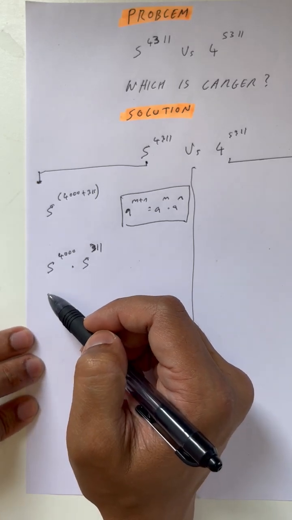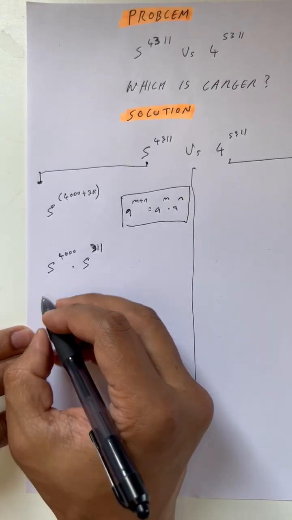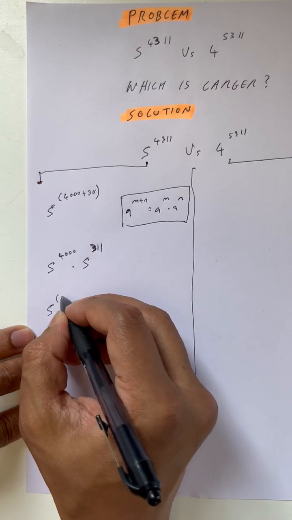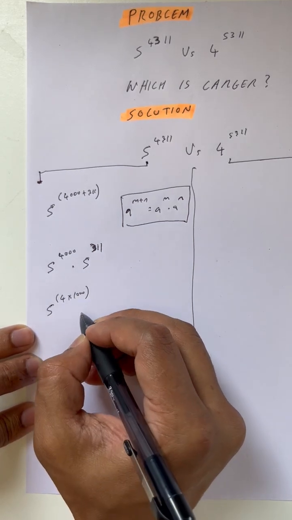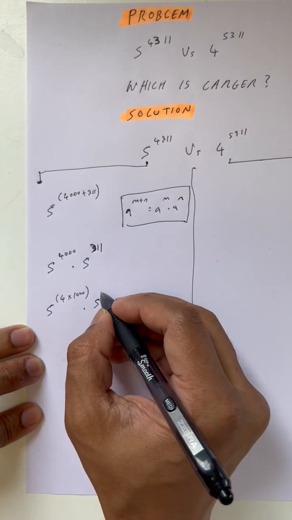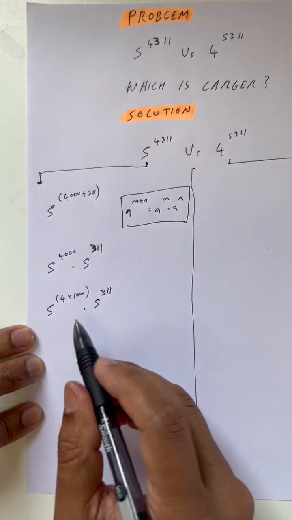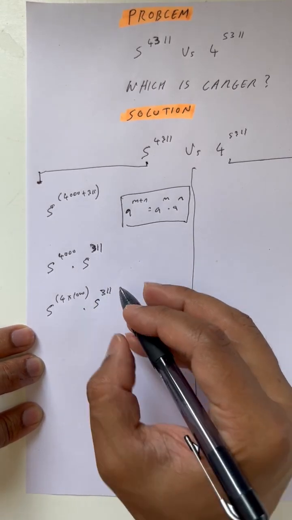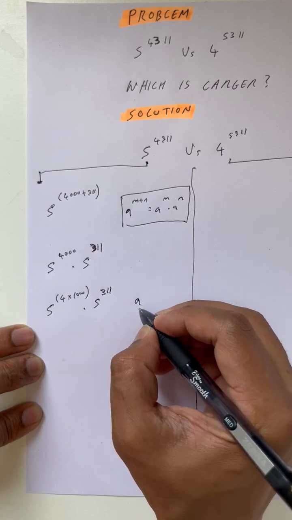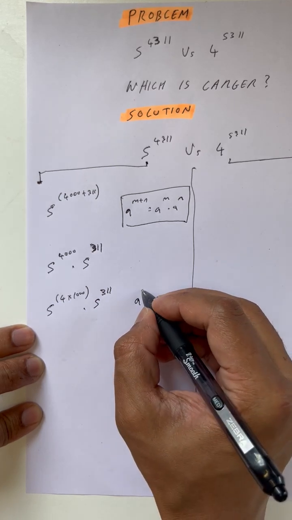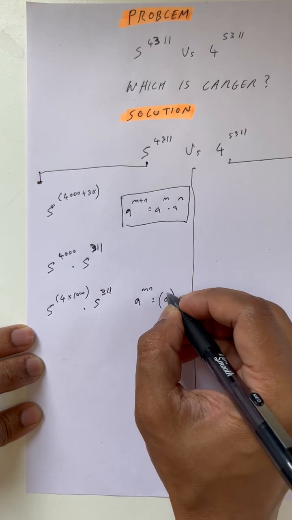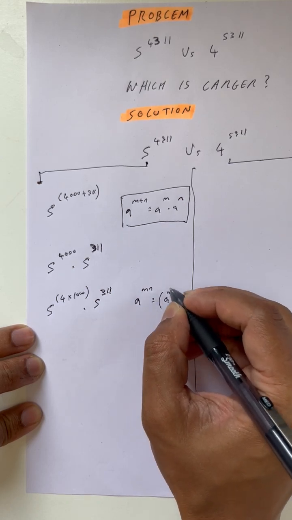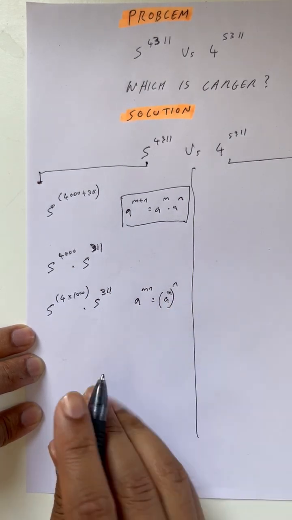Okay, now we can further simplify it. We can say 5 to the power of 4 times 1,000 times 5 to the power of 311. Now here's another rule. We can say a to the power of mn is the same as a to the power of m and then to the power of n.